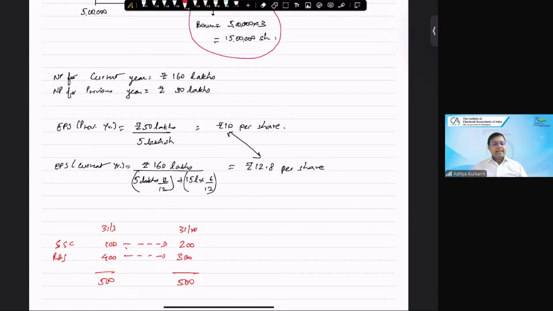So can I say that these 100 shares have come into existence on 31st October, but they were always present even on 31st of March? Do you agree?